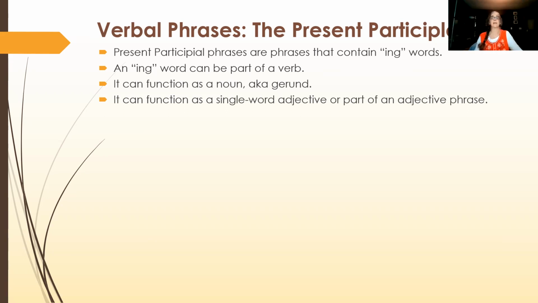Now, let's think about this -ing word as a single word adjective. We use these all the time and probably never even think about them. So when we say something like, I wish I had a swimming pool in my backyard, what kind of pool do I want? Swimming. A swimming pool. I would love to take a dancing class.